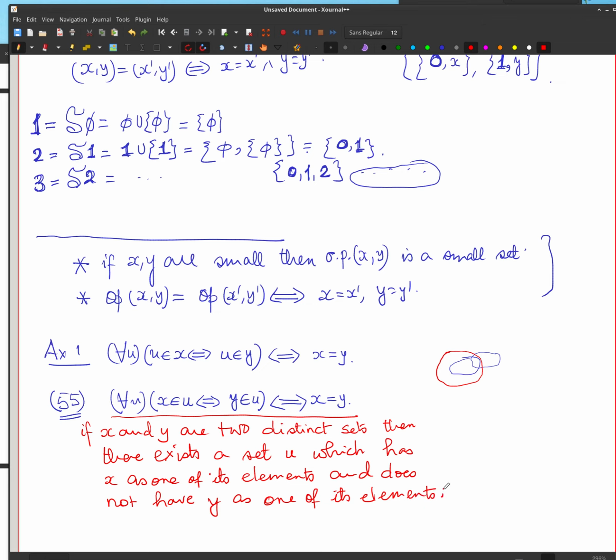And similarly, for the other one, there is a set V which has y as one of its elements and does not have x as one of its elements. So you get the repercussion, or the consequence, or the crux of this. Yeah?